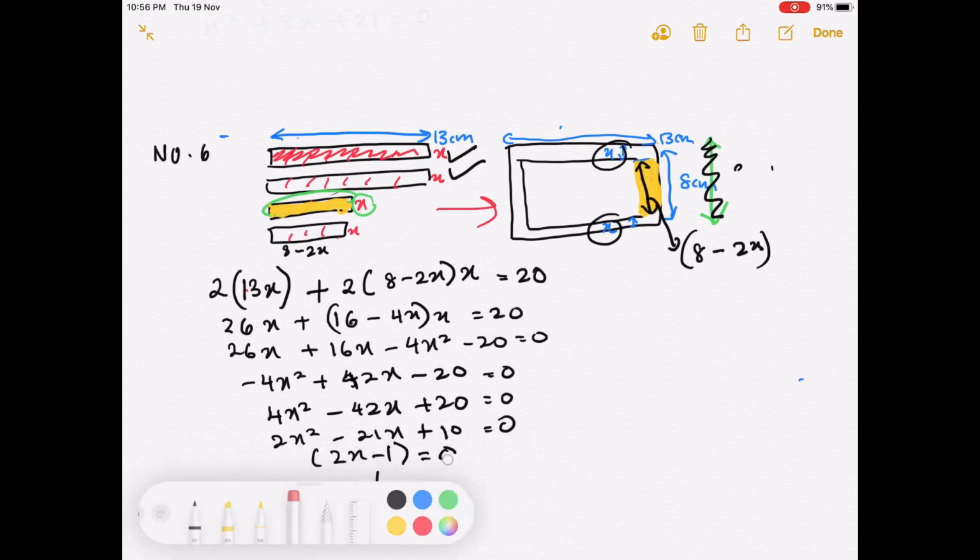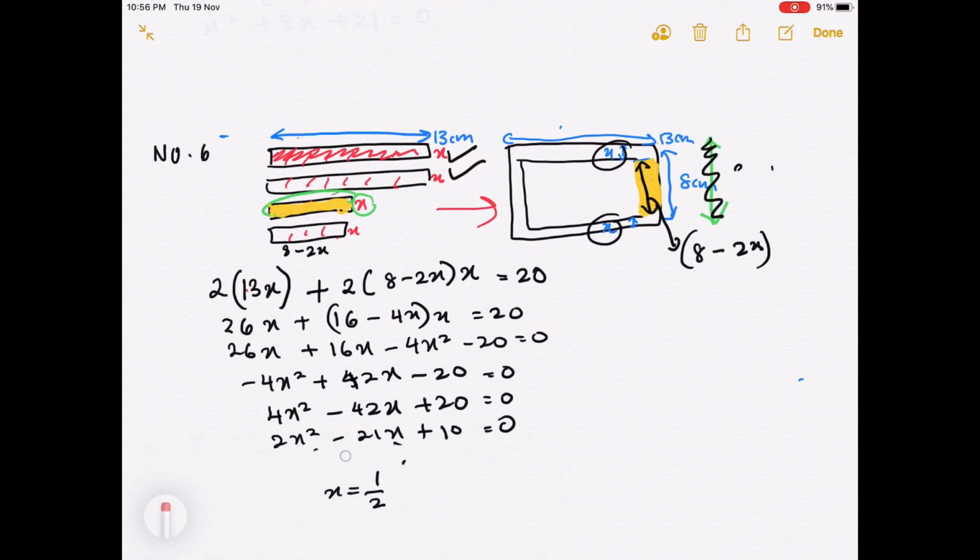Okay, lepas awak masuk EQN tu kan, awak dapat dua jawapan. Satu awak dapat x sama dengan 10. Satu dapat x sama dengan 1/2. And then you factor x tolak 10, 2x tolak 1, sama dengan 0. Okay, factor kan. So dapat 2 nilai x.